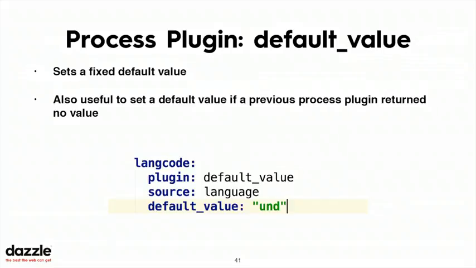So in this case, if the source data language value is empty, it will just provide a default value UND, which will be pushed to the destination. So in case there is no language available in the source, your Drupal 8 value will be UND.